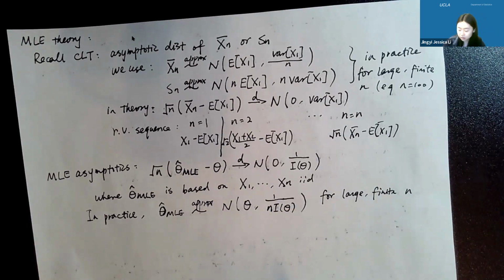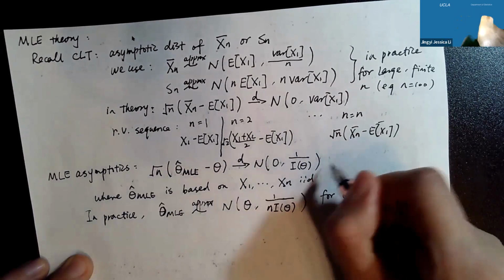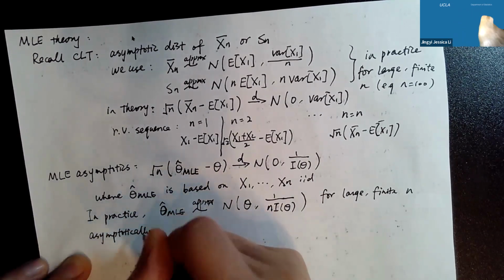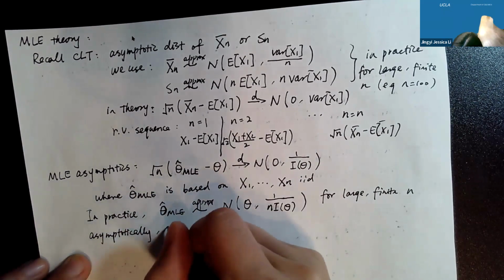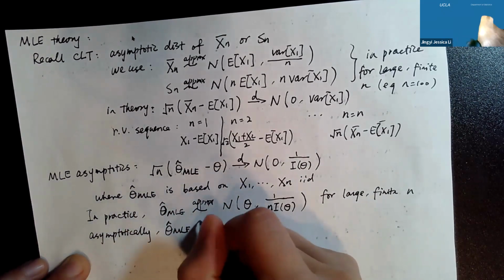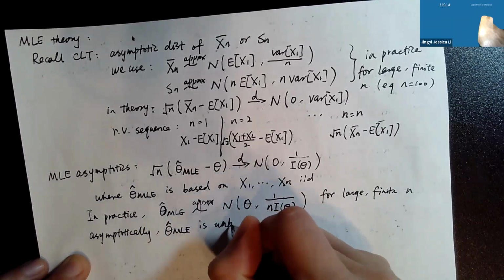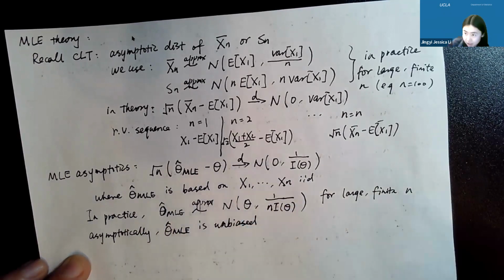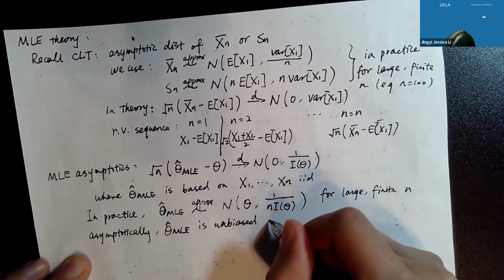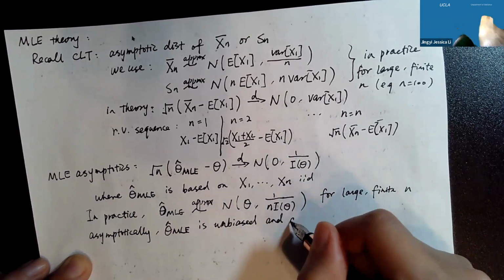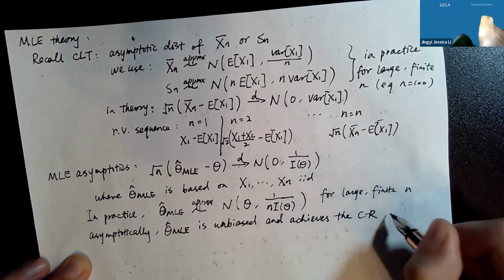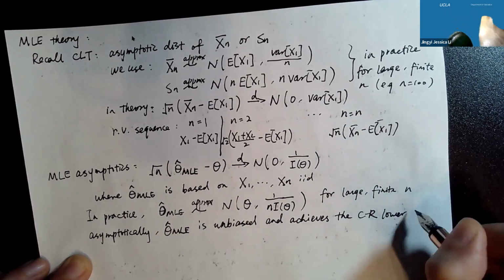And you see, why is this so nice? This is telling us, asymptotically, first, that this theta hat MLE is unbiased, right? Because asymptotically, its mean is just the true value theta. And second, it achieves the Cramer-Rao lower bound in terms of its variance.